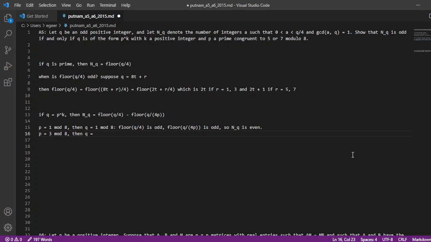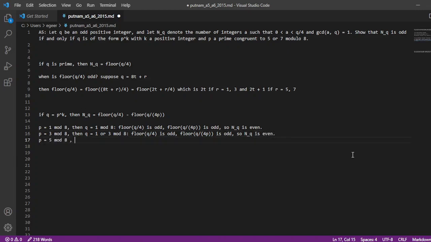Well, then Q could be anything, right? Well, if it's squared, then it's just going to be 1, but Q is 1 or 3 mod 8, basically. Floor Q over 4 is odd. Yeah, it's always going to be odd. Floor Q over 4P: well, we're going to be dividing 1 by 3 mod 8, and 3 is its own inverse, so it is odd, so NQ is even.